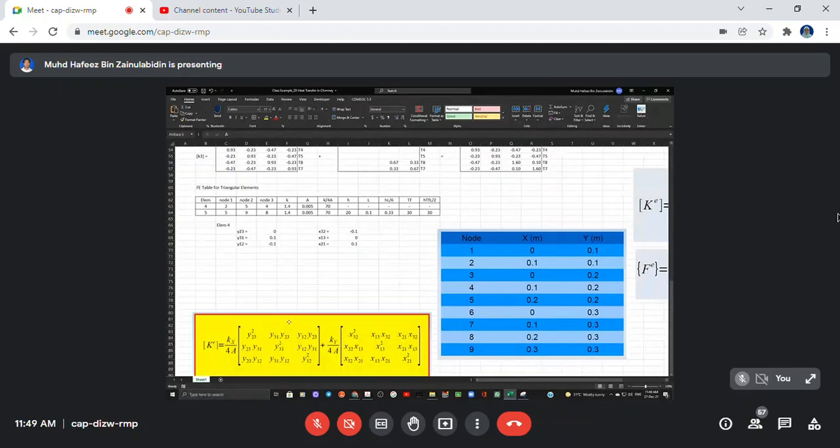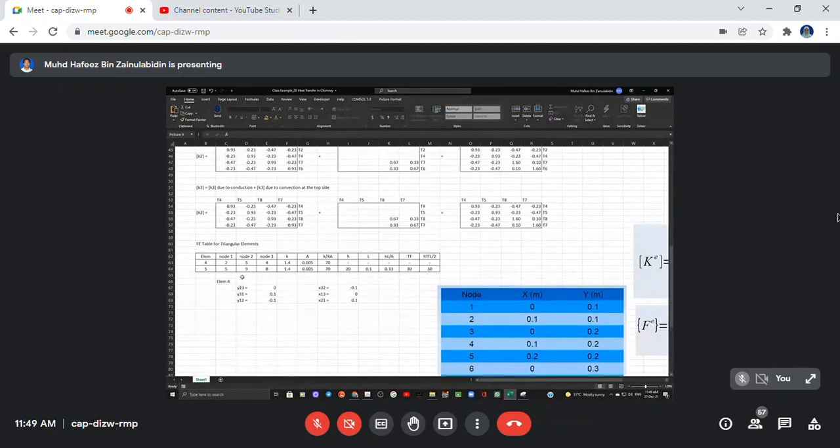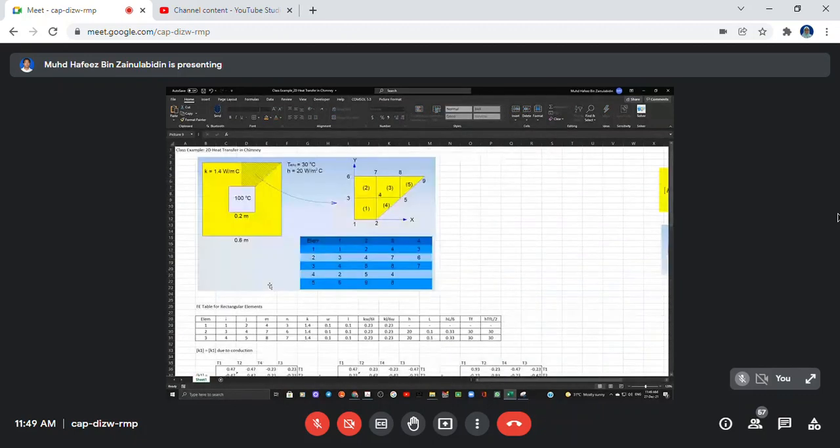Okay, same thing for element 5. This is for element 4, but if you refer to this, you see the position and orientation for elements 4 and 5 are similar. If we do the minus operation for element 5, we should get the same value as for element 4.